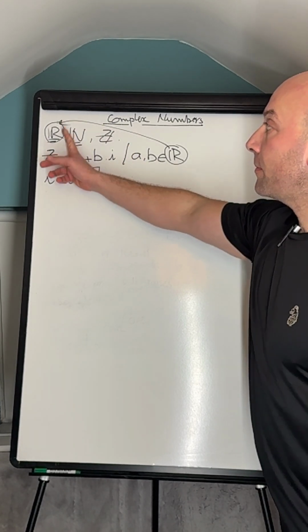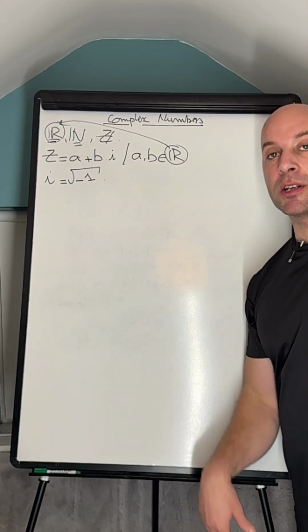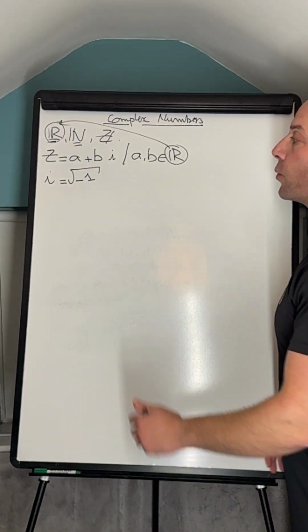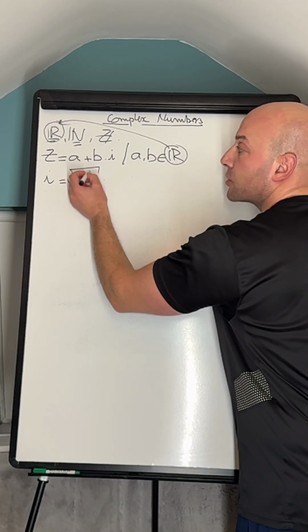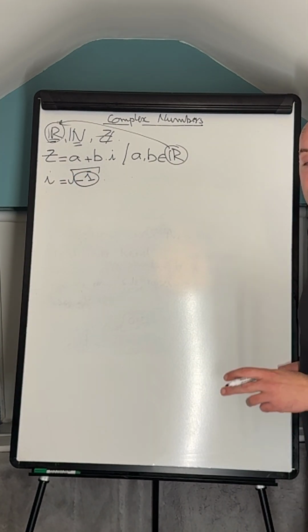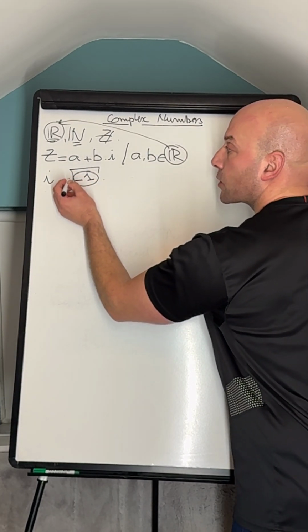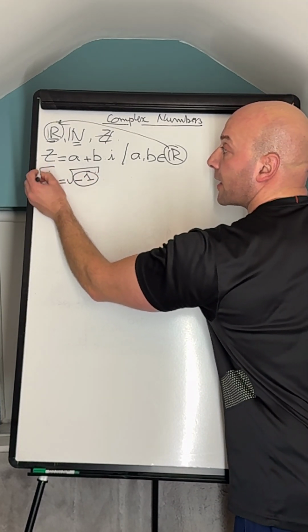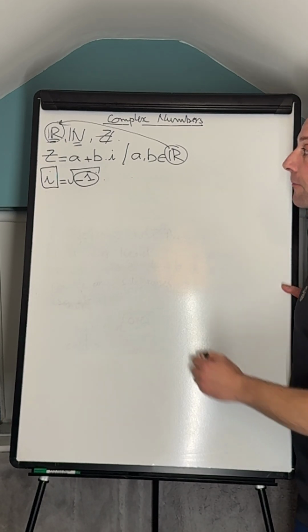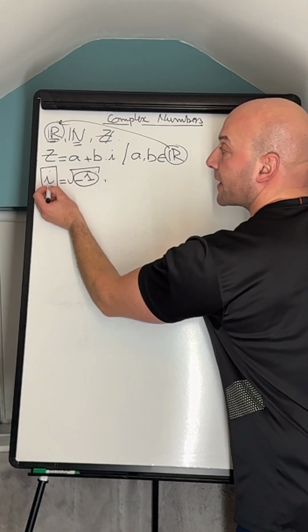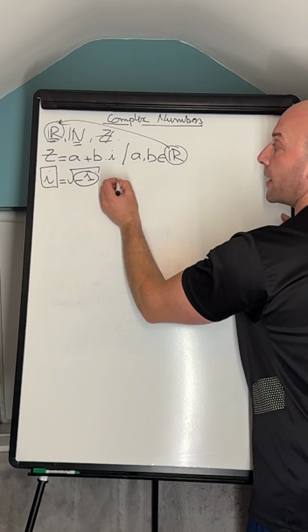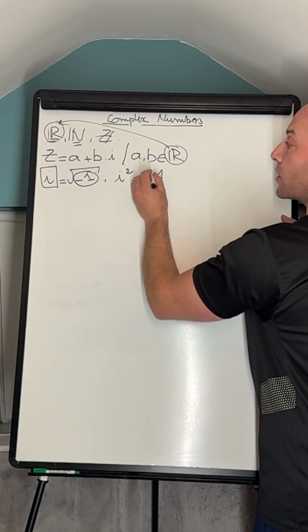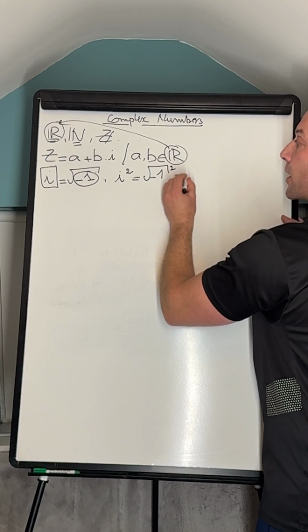Usually in R, this formula doesn't exist. It's totally wrong in real numbers or natural numbers, because the square root of any number has to be positive. But in complex numbers, we can write the square root of a negative number and refer to that as i. If i is the square root of -1, then i squared equals the square root of -1 squared, which equals -1.